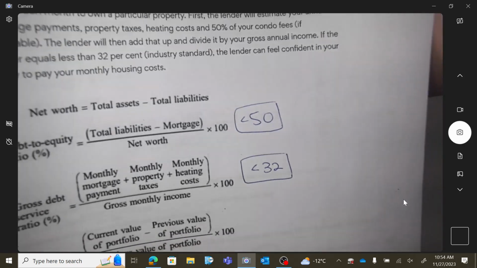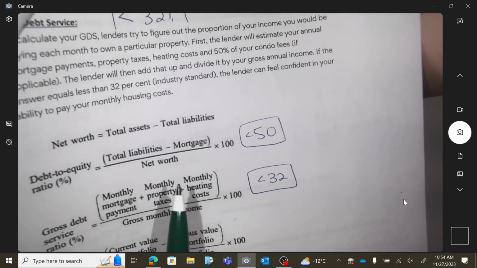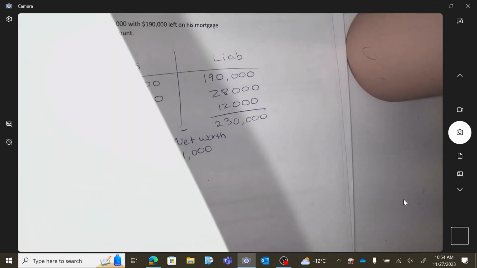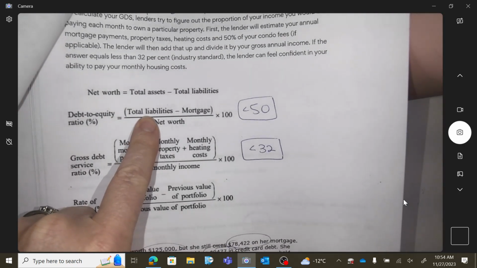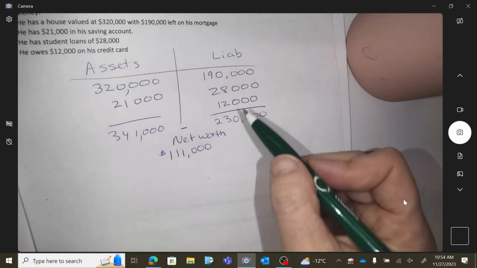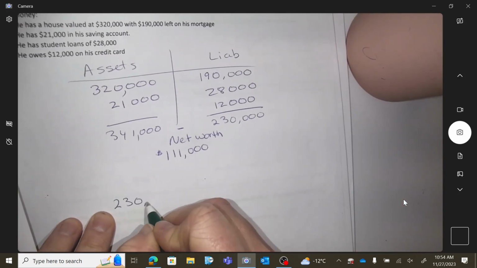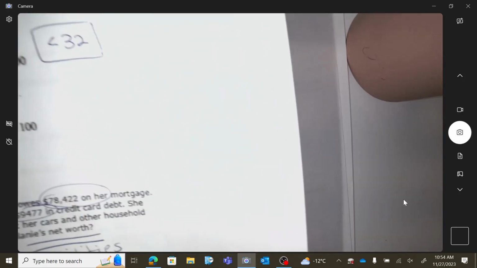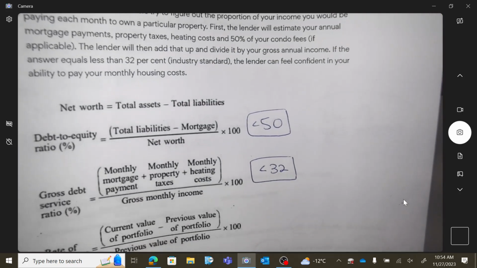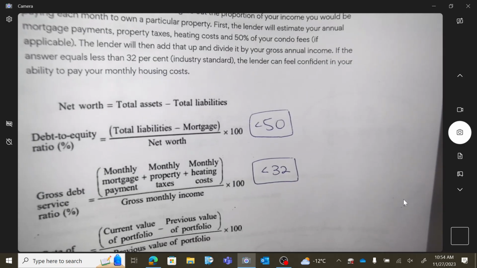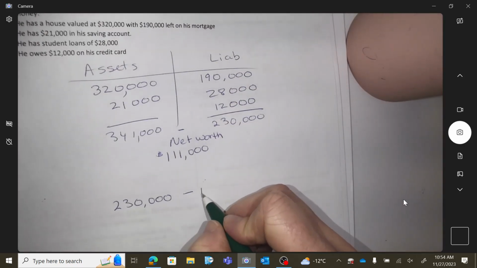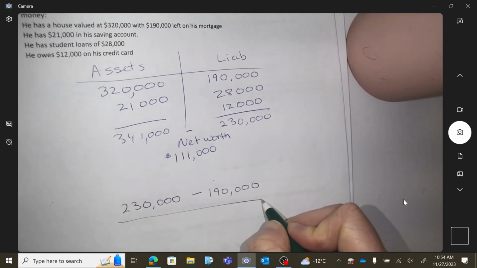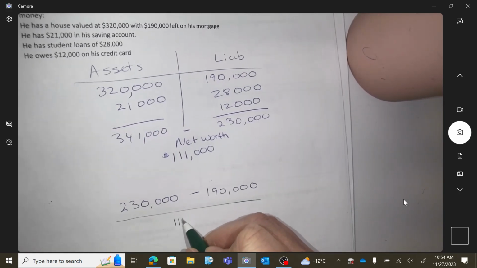Okay, so we're going to work with debt to equity. The formula goes as follows. Your total liabilities, so that's the 23 number, minus your mortgage. So what do you have left on your mortgage? That's the 190 number. Divided by your net worth.